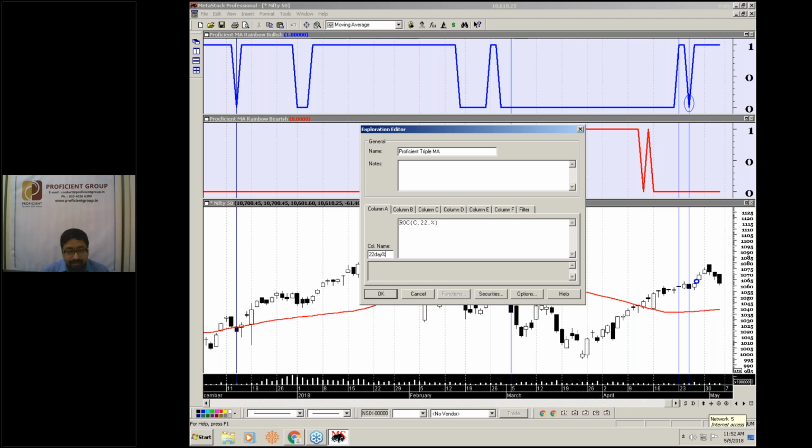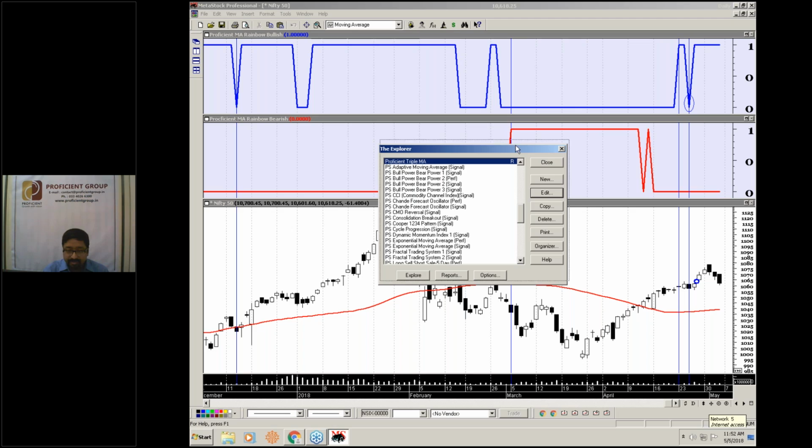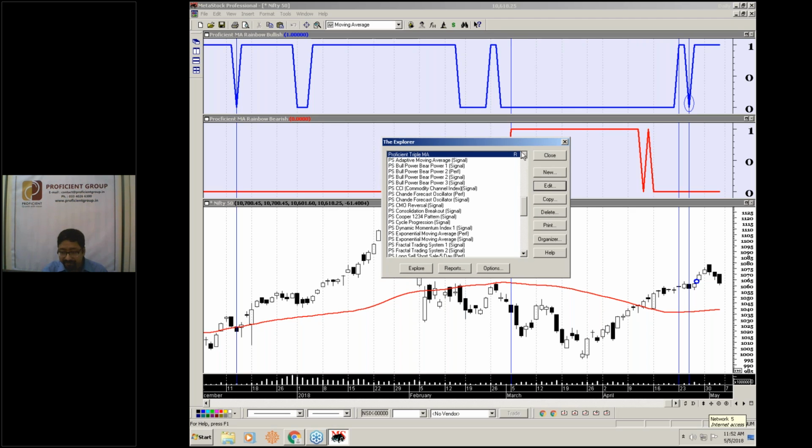That means the strongest stock will come at the top, the weakest stock will come at the bottom, and all stocks will occupy their proper space in that screener according to their strength, that is their net return of the past 22 days. So let's see if this addition of filter helps us by any means.